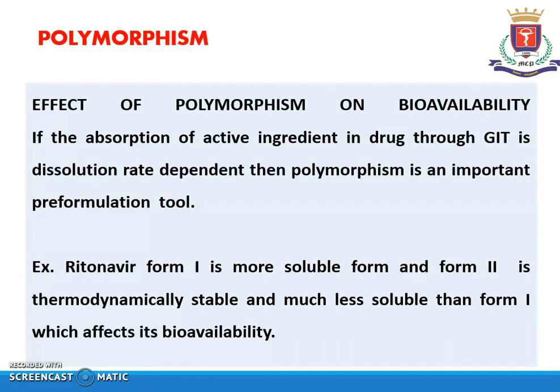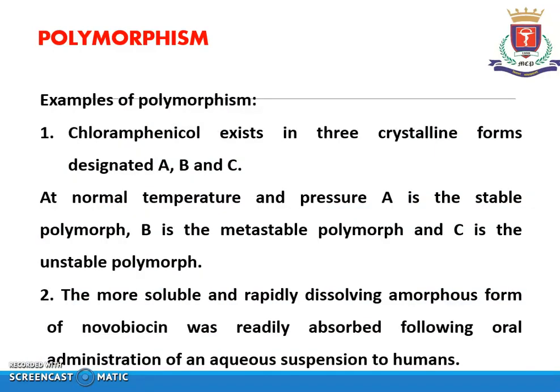Example, ritonavir form 1 is the more soluble form in comparison with form 2, which is thermodynamically stable but less soluble than form 1. It is going to affect the bioavailability of the drug. There are some examples we are going to study with respect to polymorphism.